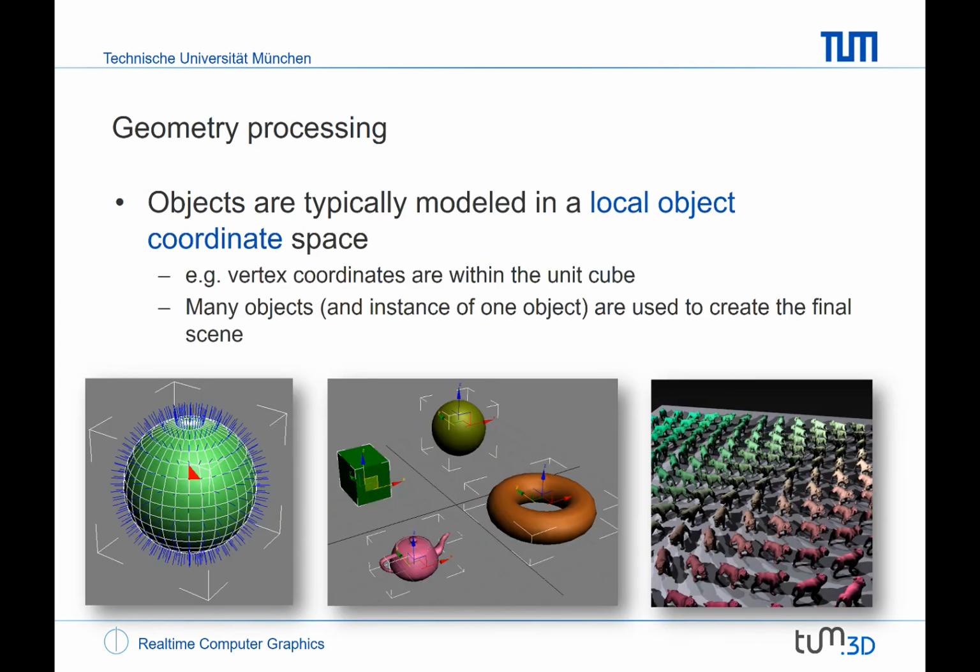So, objects are typically modeled in a local object coordinate space. For instance, if you model a sphere, then you would maybe say, okay, first of all the sphere vertices will be located in the unit cube ranging from 0 to 1 along each of the 3 spatial coordinate axes.